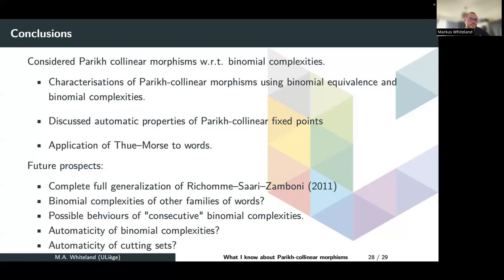And one other thing that is interesting, in the proof we use the automaticity of the cutting sets.